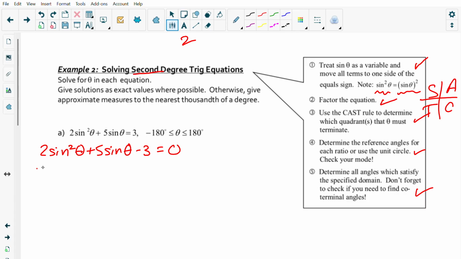I can factor this just like a quadratic, so I have 2 sine of theta, sine of theta. I'm going to do this by inspection. I know it has to be a 3 and a 1. So if I do positive 3 and minus 1, I'll get 6 sine of theta minus sine of theta. That's 5 sine of theta, so that's good.